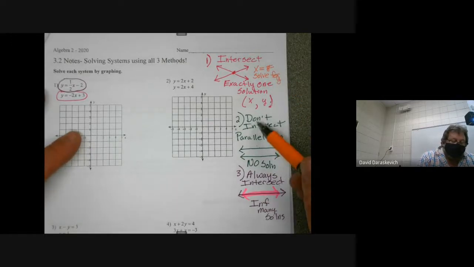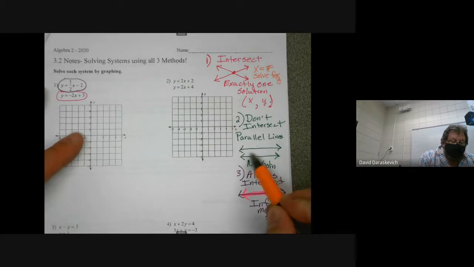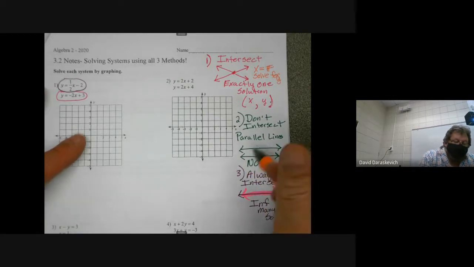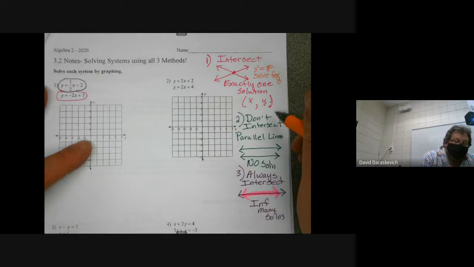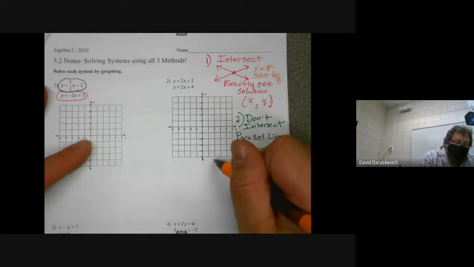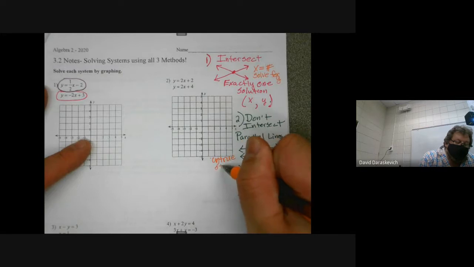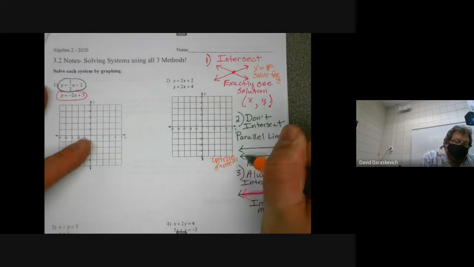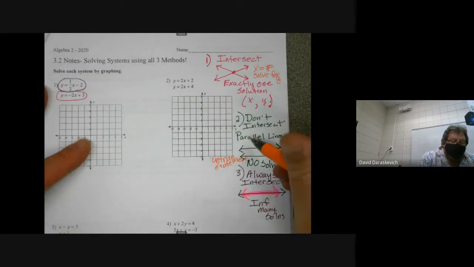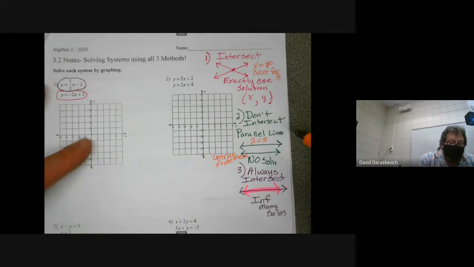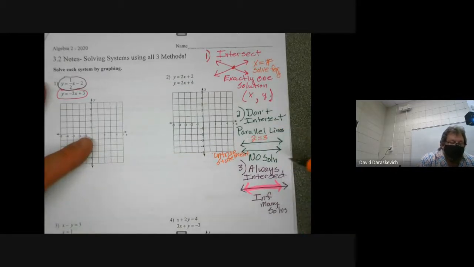Now, if I have where they don't intersect and I'm doing it algebraically, I don't have a graph and a picture, I'm going to end up with an untrue statement, something like 2 equals 3, or 0 equals 9, something that's not true.